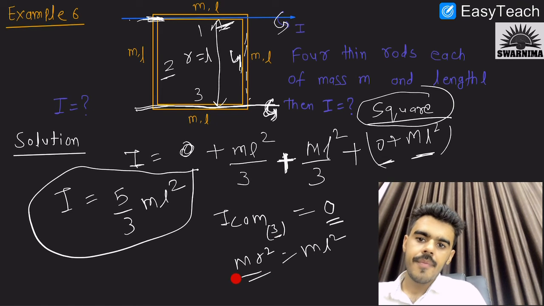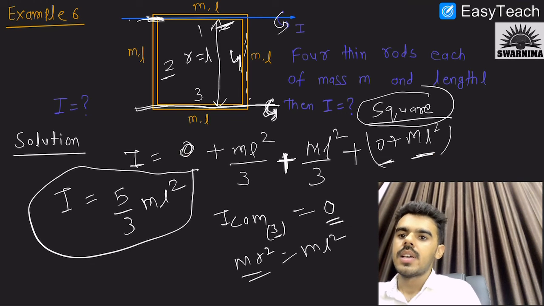R is the distance between the two parallel axes, so r is equal to L, so it is ml square. So 0 plus ml square is due to rod number 3. So ml square by 3 plus ml square by 3 is 2 ml square by 3, plus ml square, so it becomes 5 by 3 ml square.